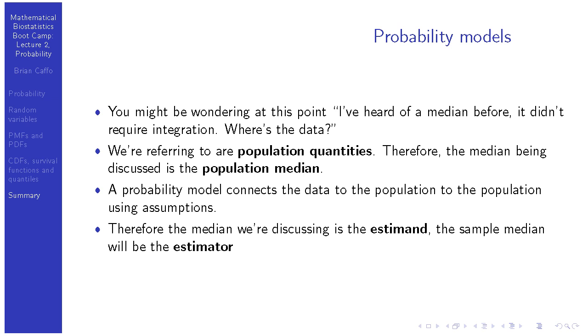Now, this is kind of a very difficult concept. I think the sample median is a very easy concept. It's saying, you have a list of observations, take the middle one after you order them. The population median is a much more difficult concept. It's saying, I have described a population via this distribution, and this distribution has a point so that 50% of observations lie below it, and that's the population median.